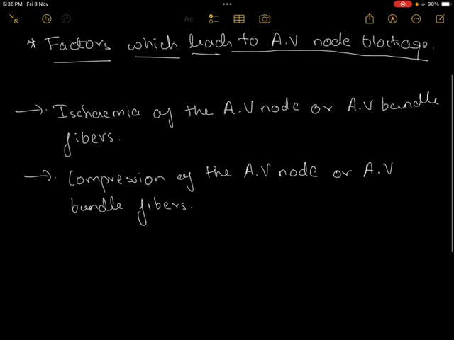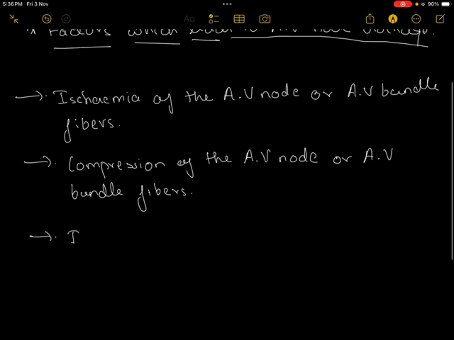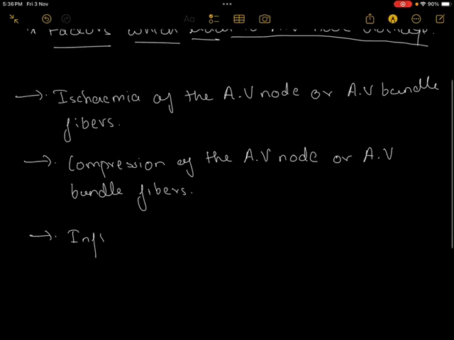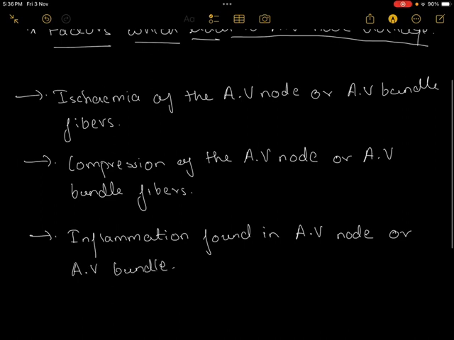Now coming to the third factor: if there is any inflammation found in the AV node or AV bundle fibers, this is also a sign of blockage, and it may also indicate some other types of disease such as diphtheria.